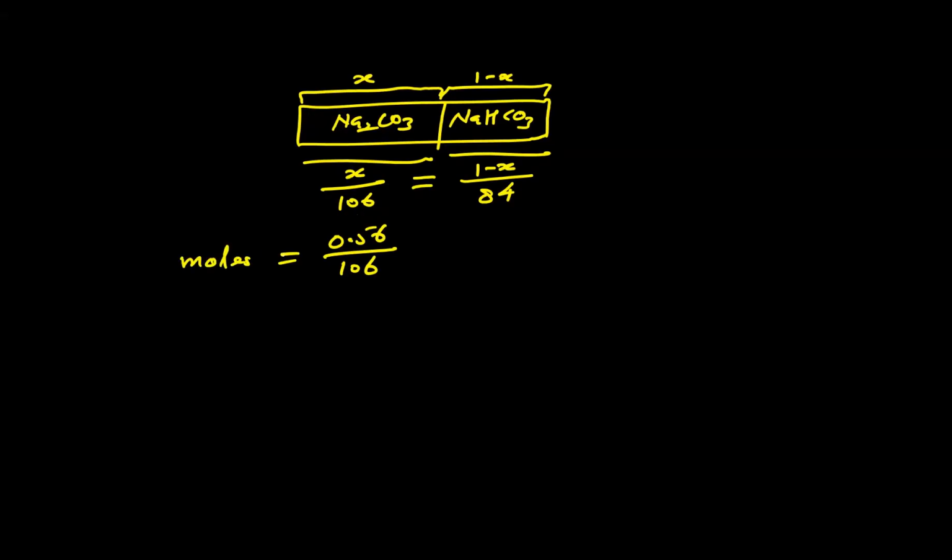So moles of Na2CO3 and NaHCO3 will be the same. When you solve this, give me a few seconds. 0.56 divided by 106, you will get 0.00526 approximately. So in both cases, it will be 0.00526 moles, because it is an equimolar solution.